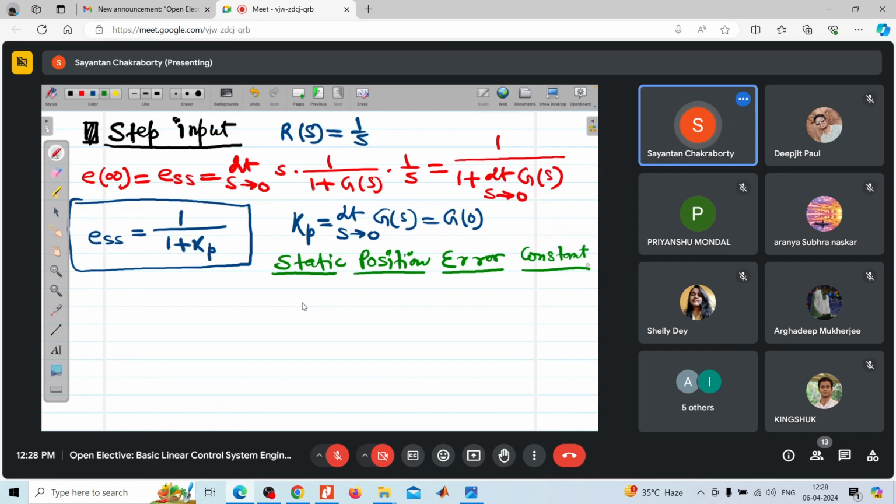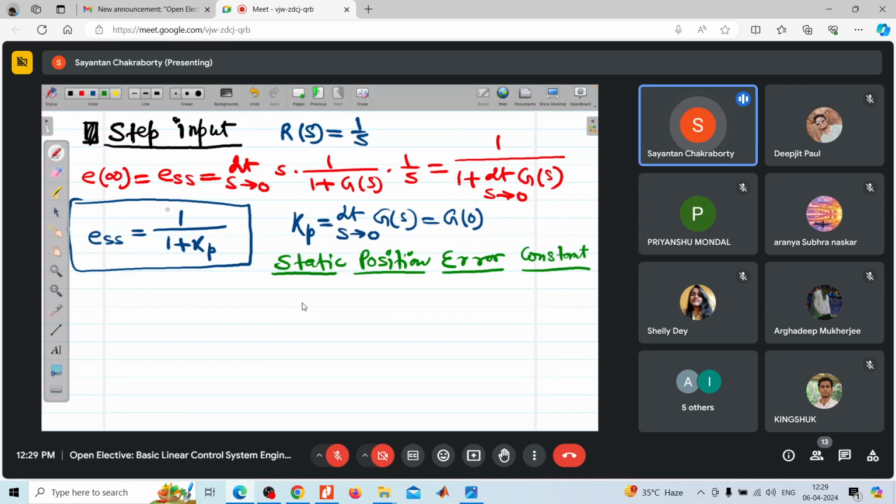Now this Kp static term represents the steady state gain. Basically, this is the steady state gain of the transfer function G(s). And this Kp is termed as error constant because the steady state error can be calculated based on this Kp following this formula for unit step input, right?